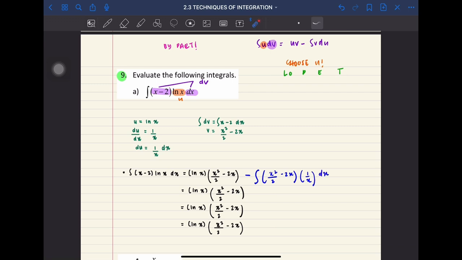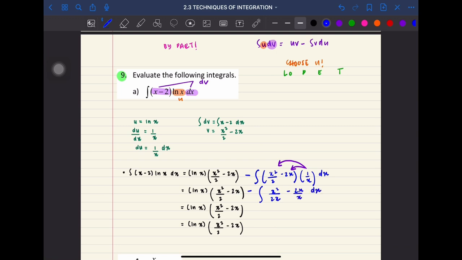Now we leave this one, because we don't need to do anything with it. We just need to integrate this one, so you can expand your function to make it easier to integrate. It will become x squared over 2x minus 2x over x dx.